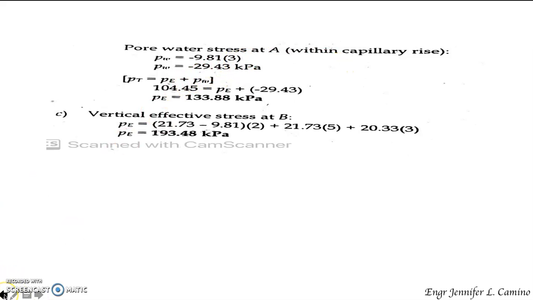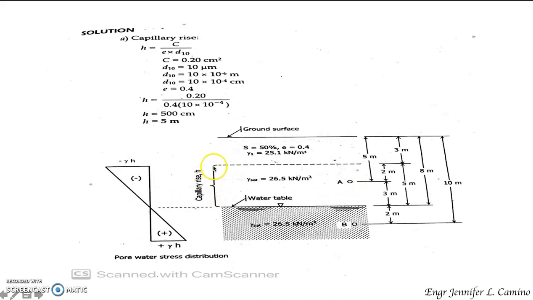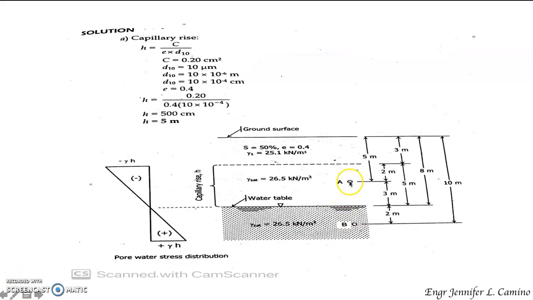Then we try to get our pore water pressure. Point A is within the capillary rise. So the pore water pressure at point A is equal to negative 3 times 9.81, since point A is within the capillary rise.